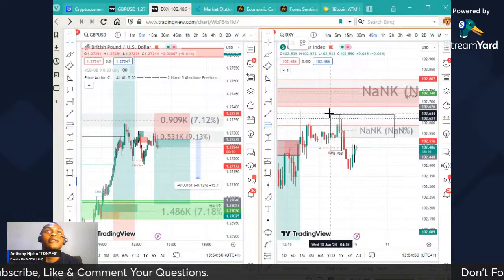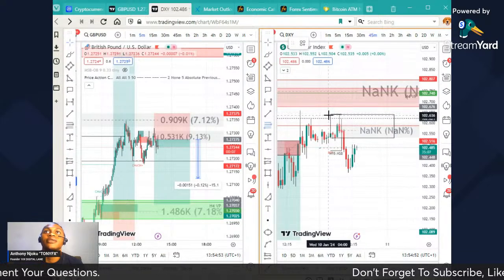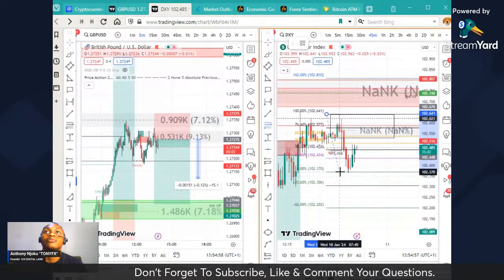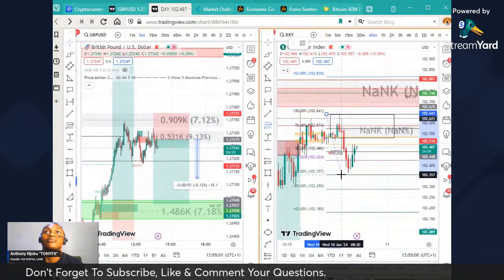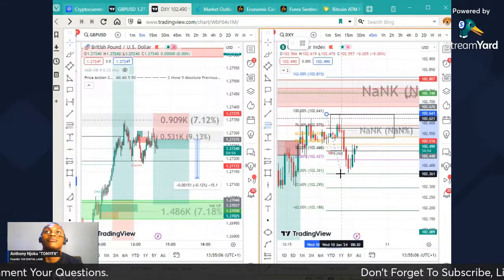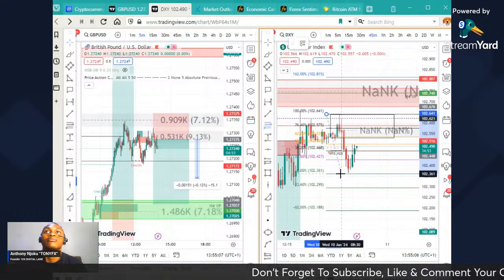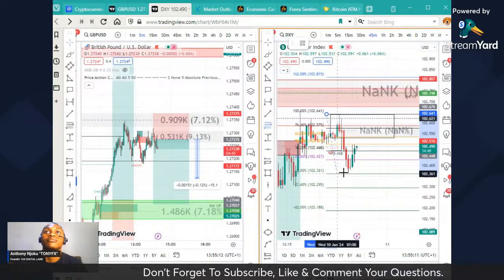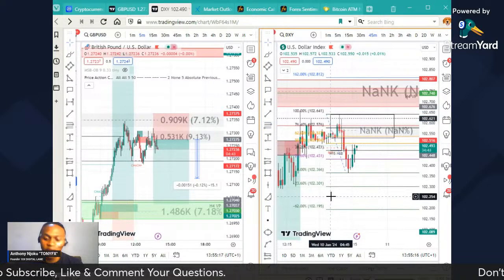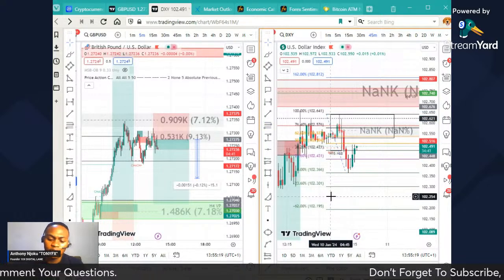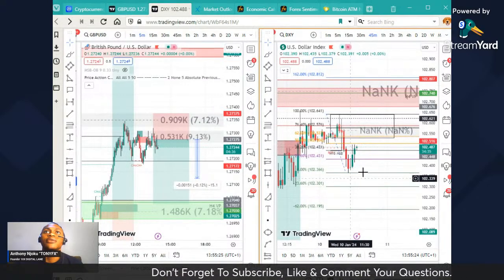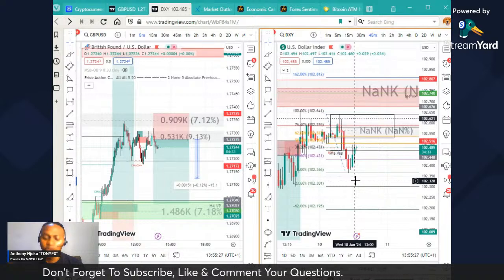So let's see if I take Fibonacci from this swing high to this swing low, you can see exactly that the market is close to the 50 and 62 Fibonacci points.